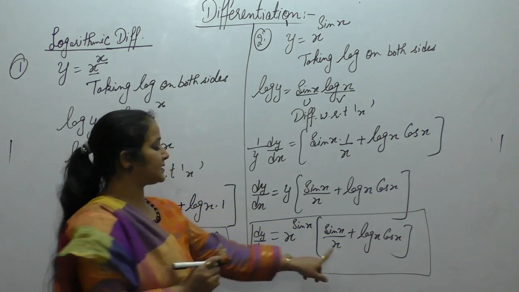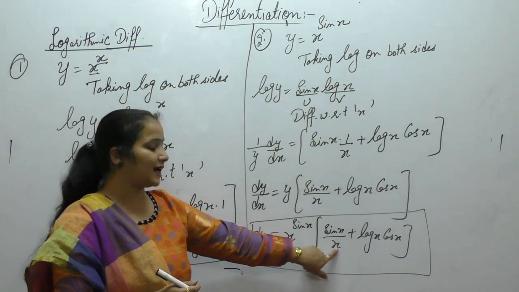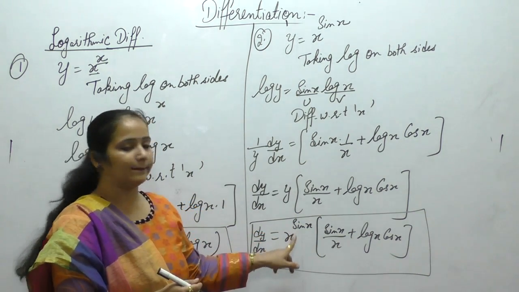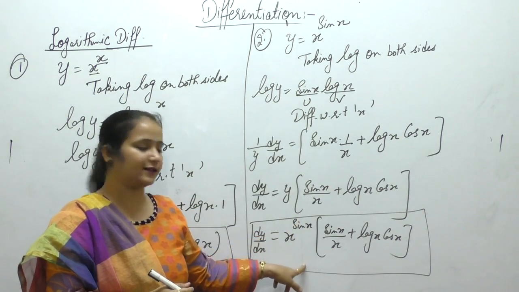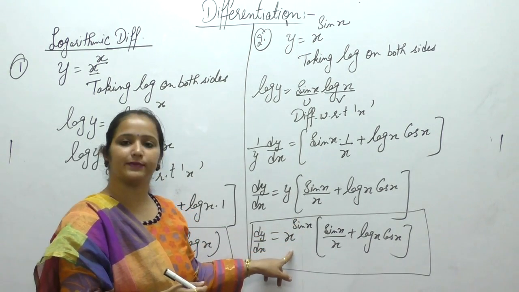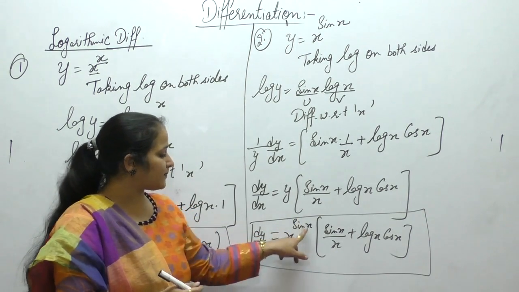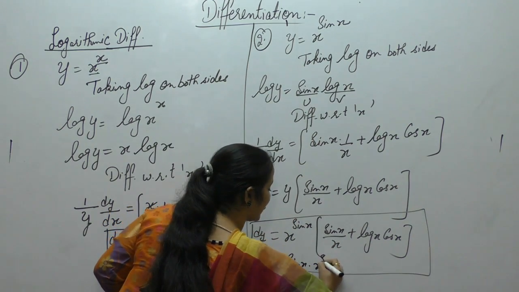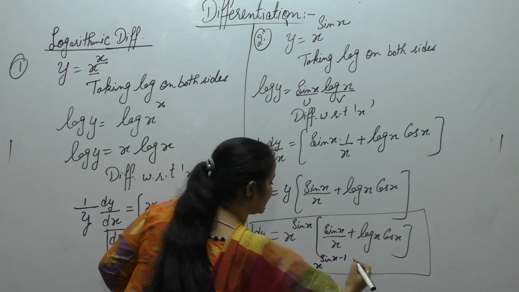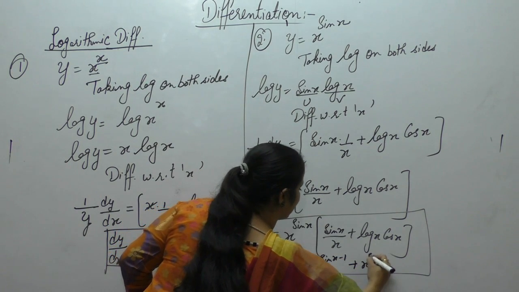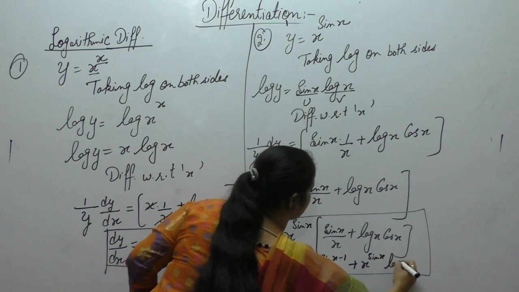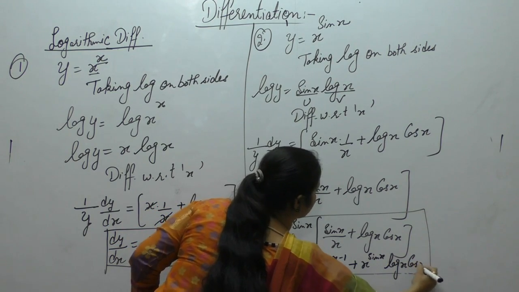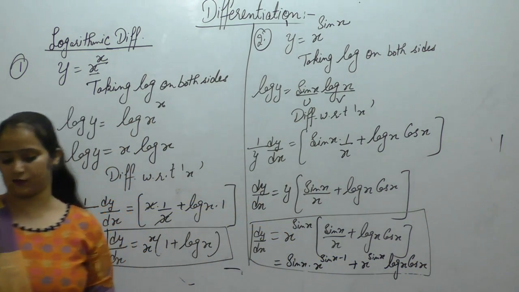We can solve one step more. This x is in the denominator, so the base is the same, and in division the powers will subtract. So we get x power sine x into x power sine x minus 1 plus x power sine of x log of x cos of x. We can write it like this also.